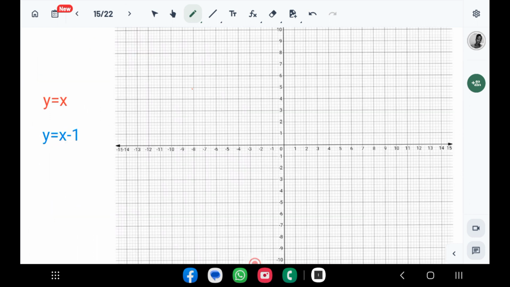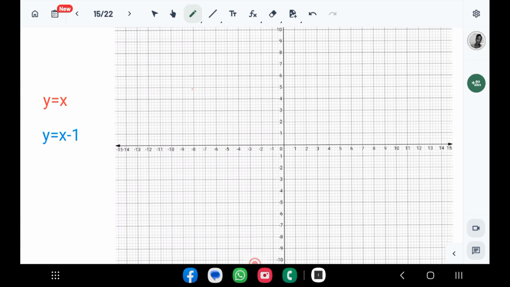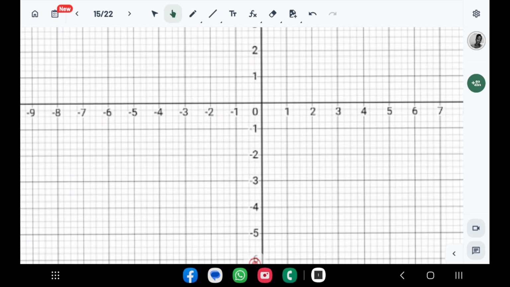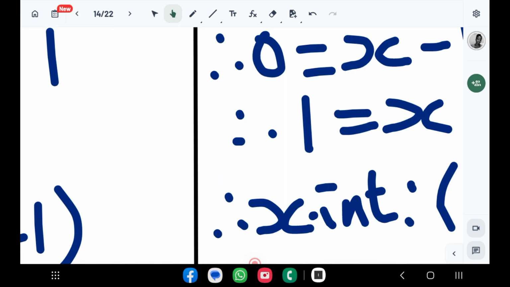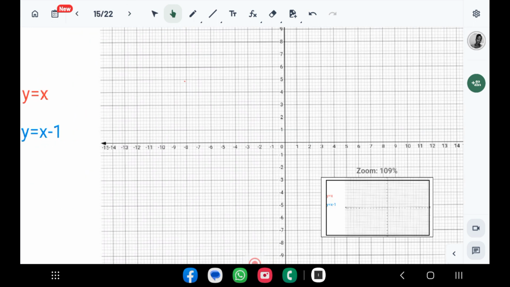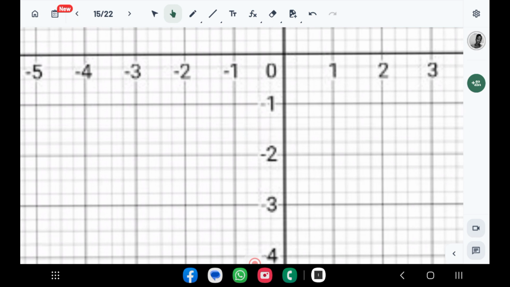But before we do that, let's plot the points. The y-intercept is (0, -1), and the x-intercept is (1, 0).